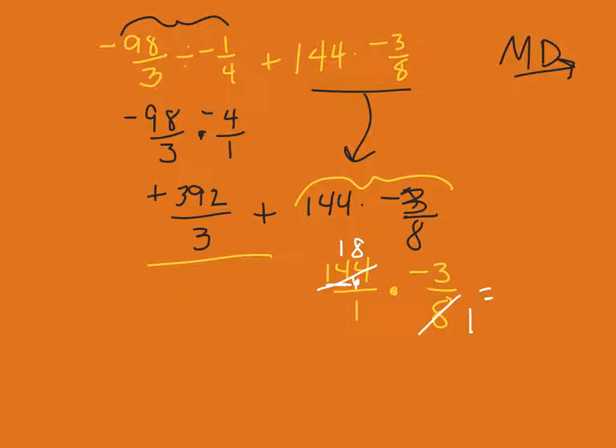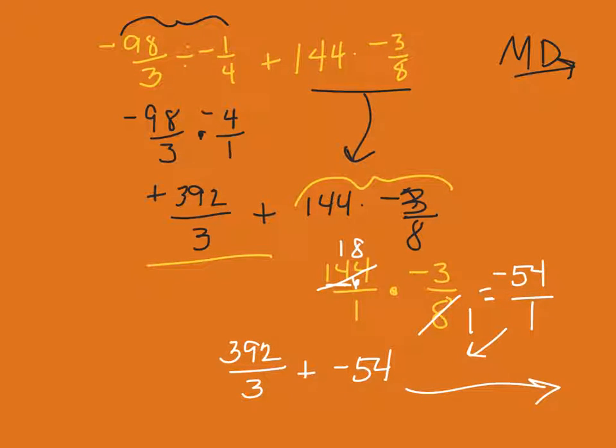So I've got 18 times 3, 3 times 10 is 30. 3 times 8 is 24. 30 plus 24 is my 54. My positive times negative gives me a negative 54 over 1. I rewrite the entirety of my problem, and I'm going to get 392 thirds plus negative 54.